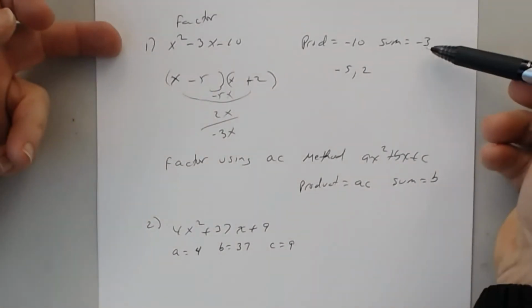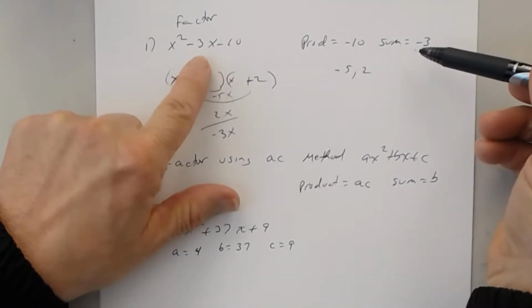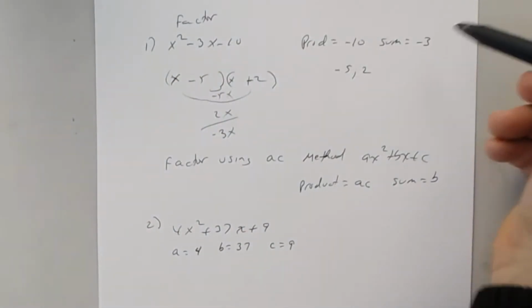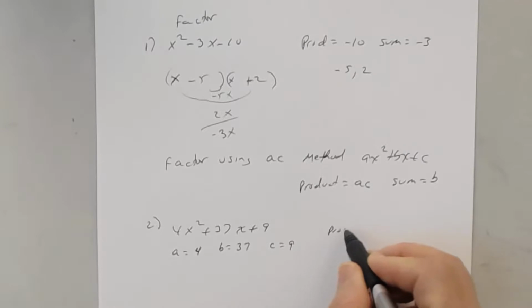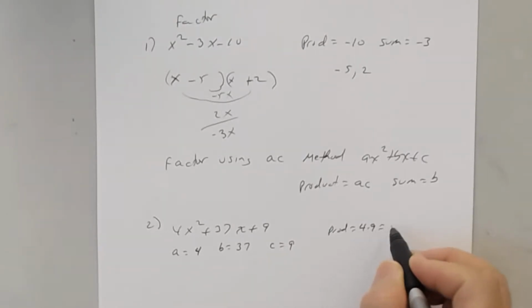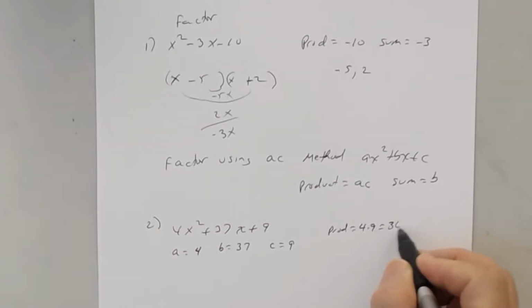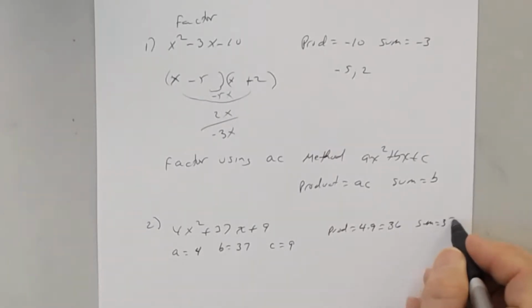Just like we did before. The sum is that b term, the b coefficient, right? So in this case, I want to find two numbers whose product is 4 times 9, which is 36, and whose sum is b, and what's b in this case? 37. So that's the idea we want to look at.